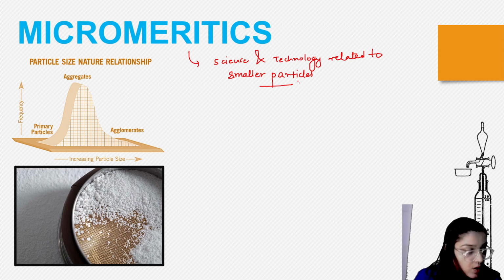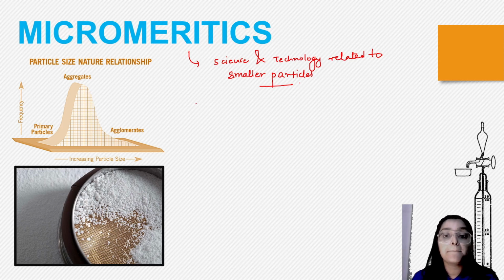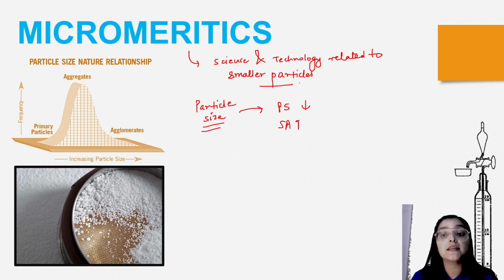Now we know that the uniformity of the particle, the stability of the particle, and the powder packing all depend upon the size of the particle. By now you know, if the particle size is small, the surface area is large.